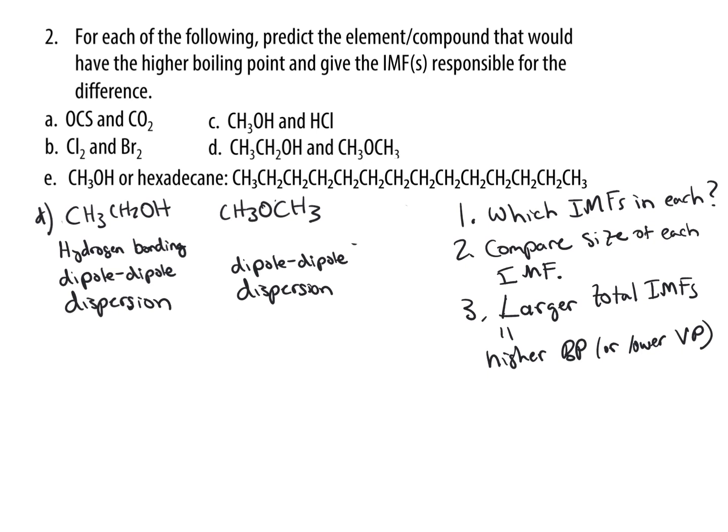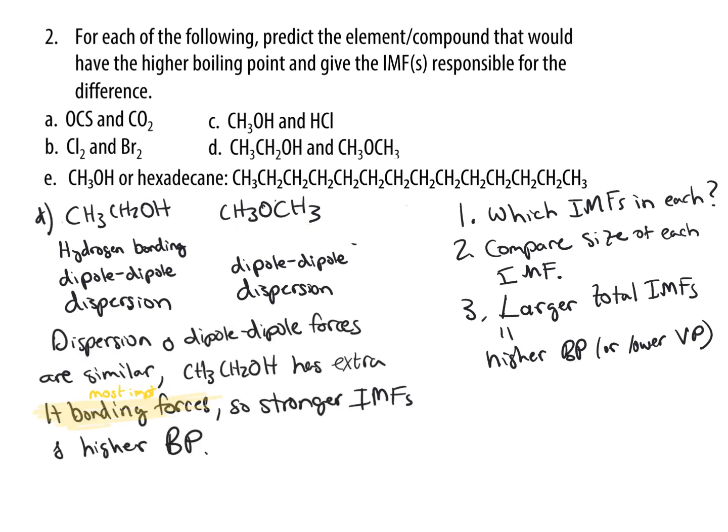Now, we do need to compare the size of dispersion forces, but if we just look at these molecules by eye, they're all period 2 elements, and so these are basically a very similar size for each of these molecules. Because their electron clouds are similar in size, their dispersion forces should be similar. Extra dipole-dipole forces and extra hydrogen bonding forces will give us a higher boiling point for CH3CH2OH.